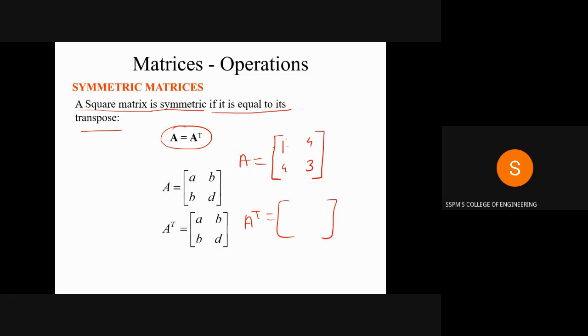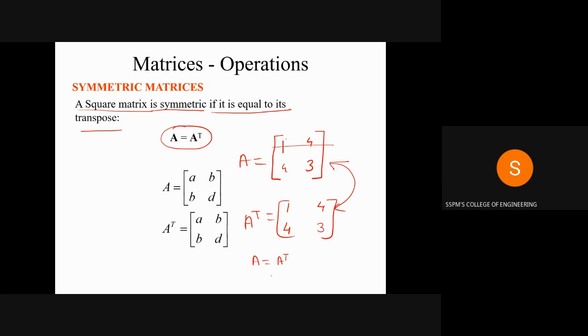The first row is written as the first column, 1, 4. And the second row is written as the second column, 4, 3. You can see that both matrices are equal, 1, 4, 4, 3. That is, A is equal to A transpose.